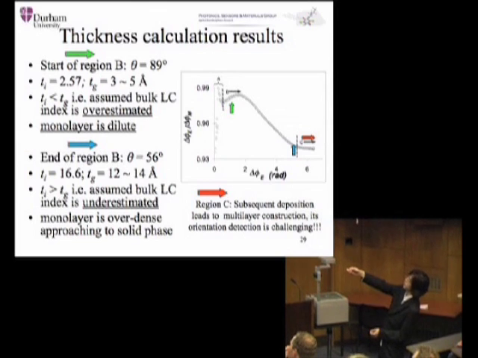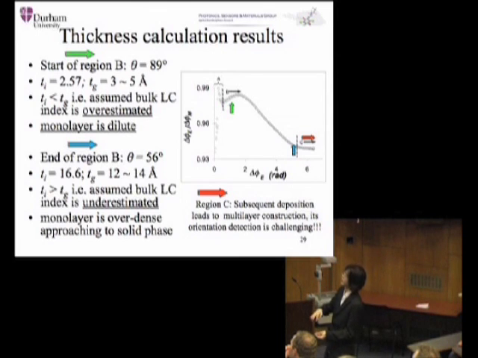So from the start of region B, when the molecule is lying completely flat, after the calculation of these 2 thicknesses, what we found is the isotropic thickness is smaller than the geometric thickness. And in the ideal case, that is impossible.